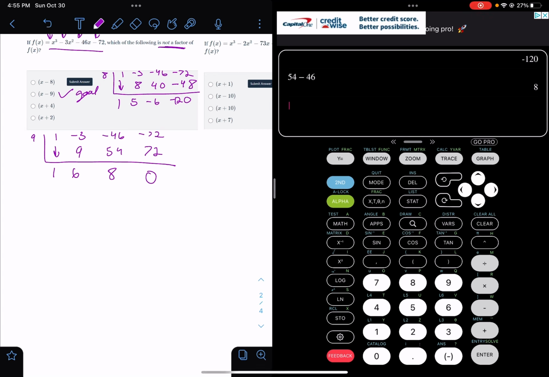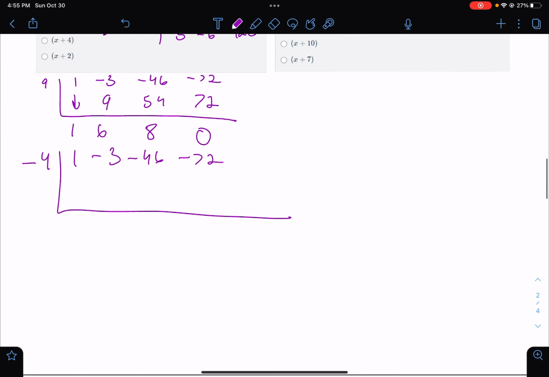All right, now we've got x plus 4. So we're going to do -4. 1, -3, -46, -72. We're going to keep doing synthetic here. We're going to drag down our 1, -4, -7. That gives us what? A positive, duh.